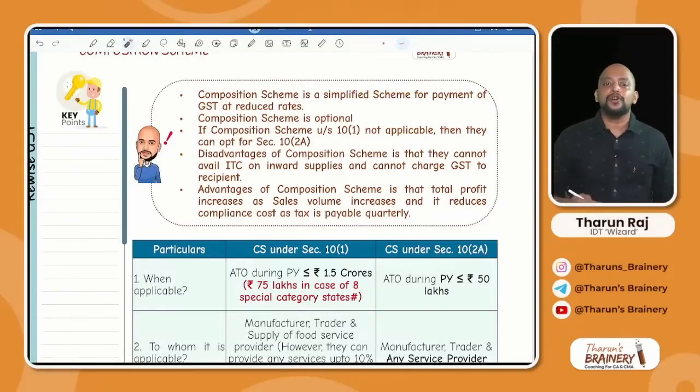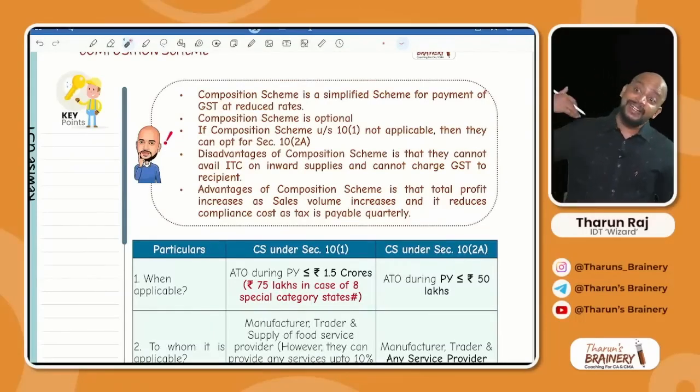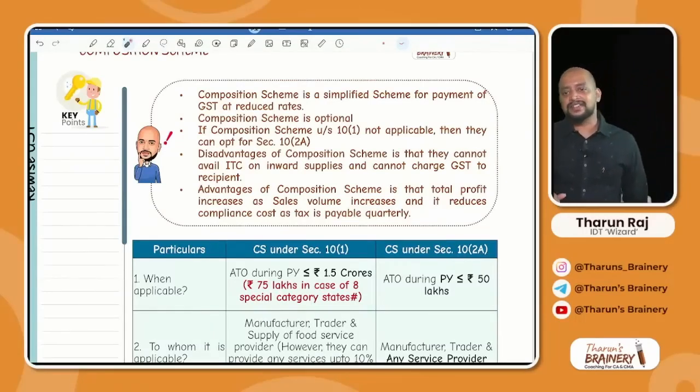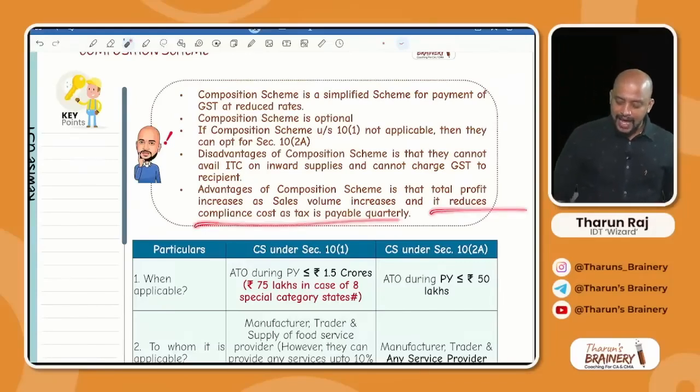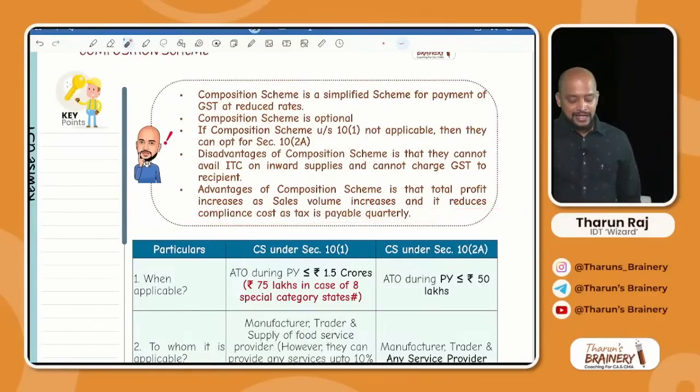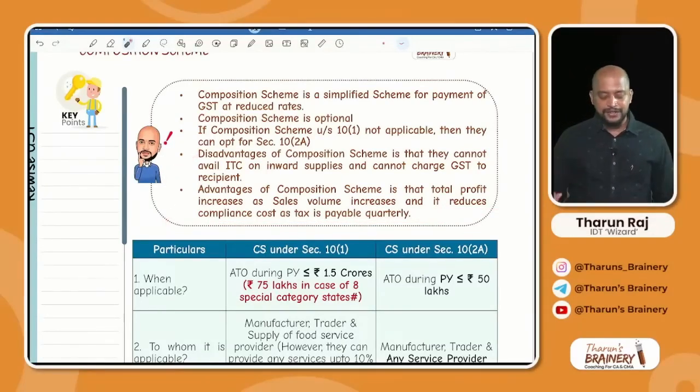Also, rather than filing monthly returns, they are required to file quarterly returns, and they need to pay tax on a quarterly basis. Due to that, there is a reduction in the compliance cost. So these are the advantages and disadvantages of composition scheme.